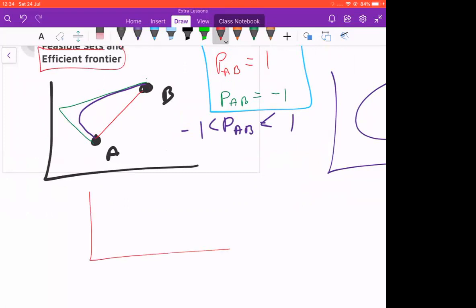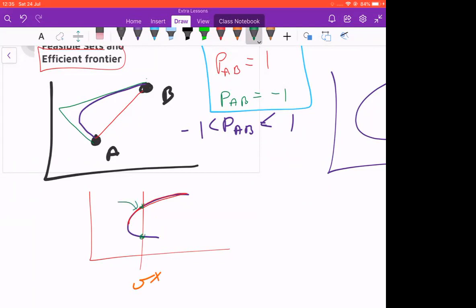In terms of the efficient frontier, let's say we have our generic feasible set. Our efficient frontier is this over here, because for every risk, let's say this one is risk star, you can see that there are 2 portfolios, but this one over here is always the best one to choose.